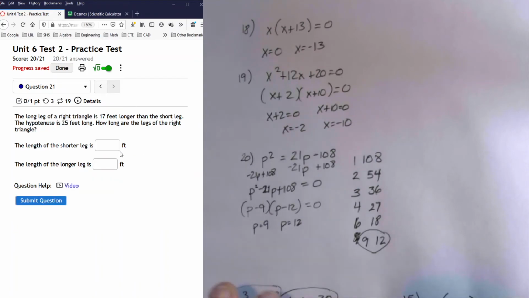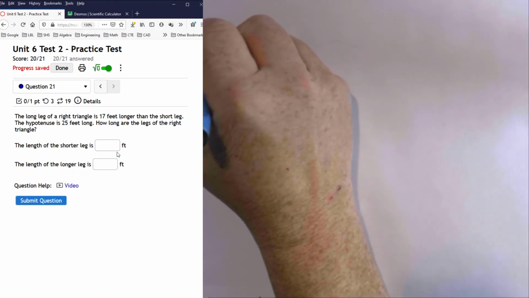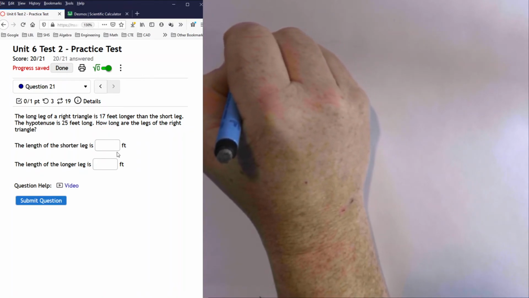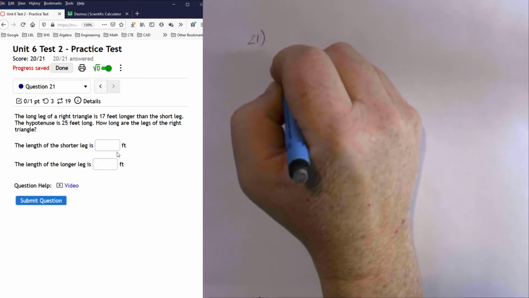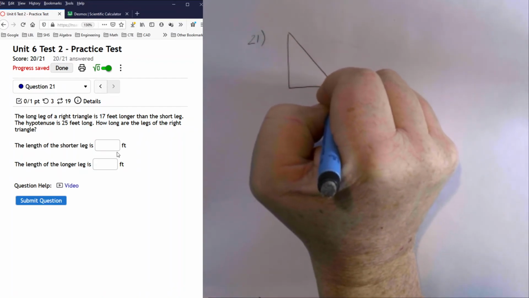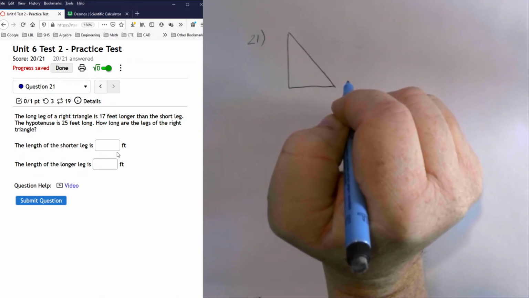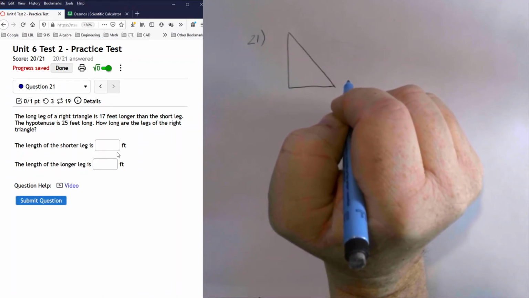Okay, and then the last problem here, they talk about a triangle, and this is number 21. They talk about a right triangle, and they tell us that the long leg is 17 feet longer than the short leg.